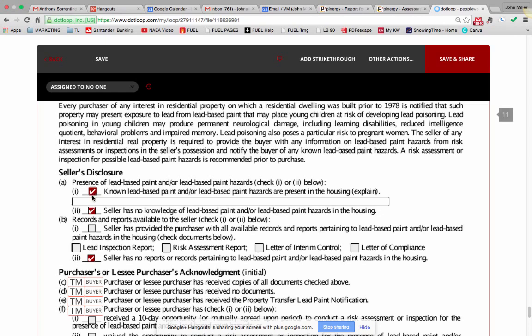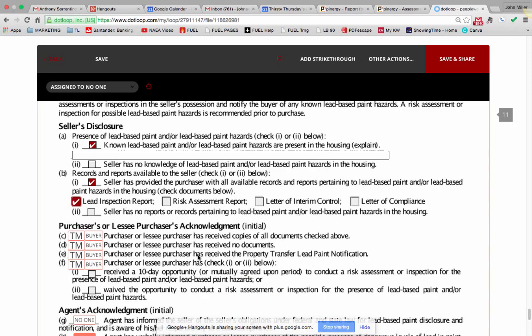However, if they do have knowledge of lead-based paint, they may have no reports, but they know that it's there. So they have no reports or records pertaining to it, is what they're saying. Or they do have a copy of a letter of compliance, a risk assessment report, a lead inspection report. It'll say it right on top of the report, and then they should give that to the buyer as well.